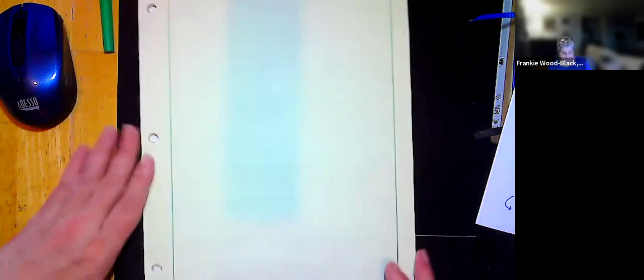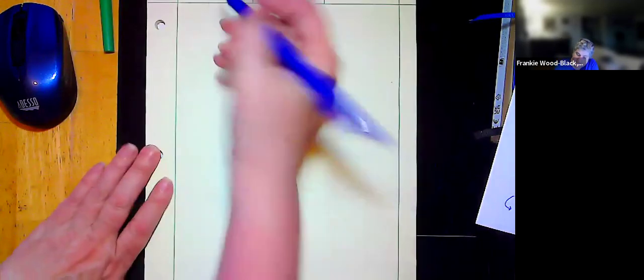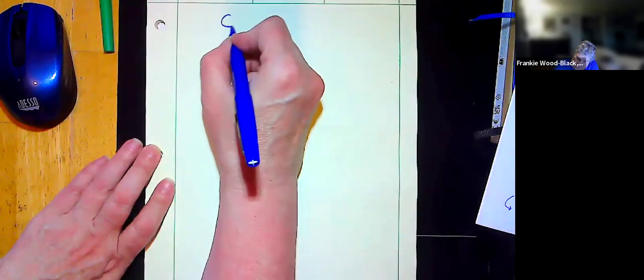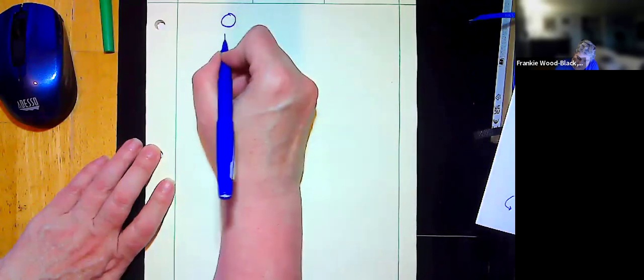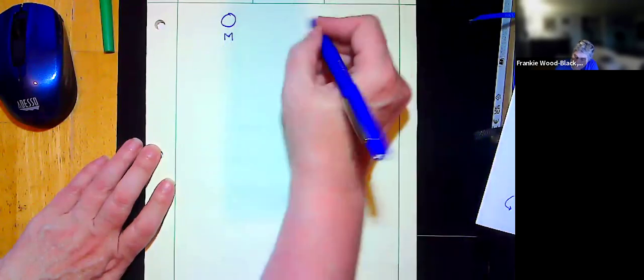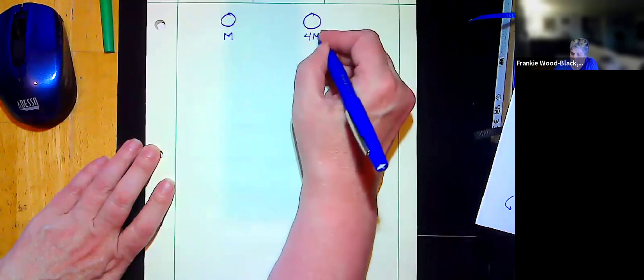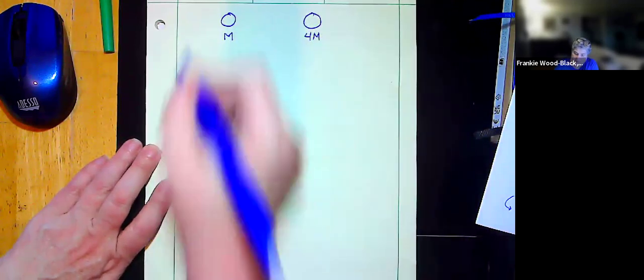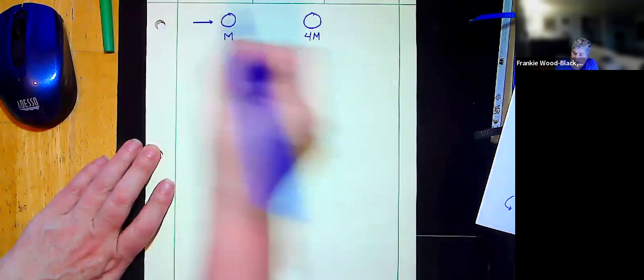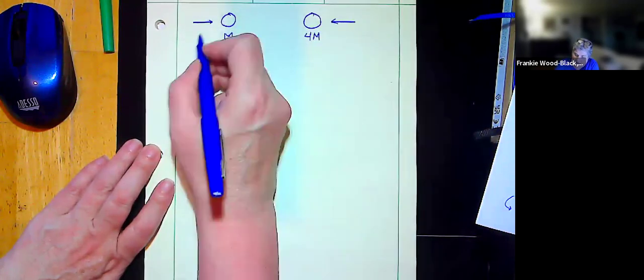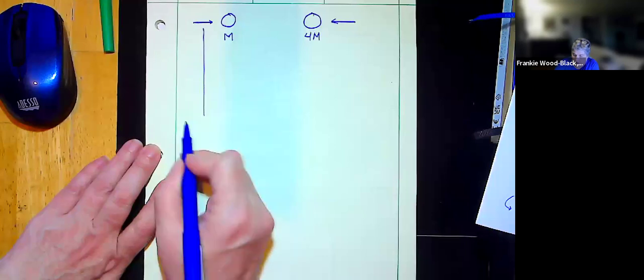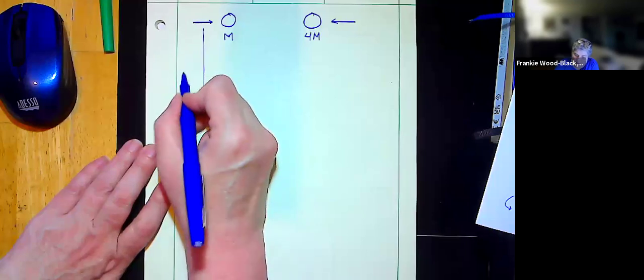All right, one more thing I want to cover. So let's take two balls. This ball has a mass of m. This ball has a mass of 4m. We're going to start out at a height of 5 meters.